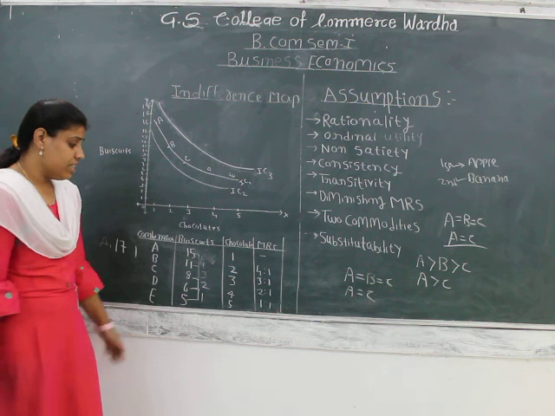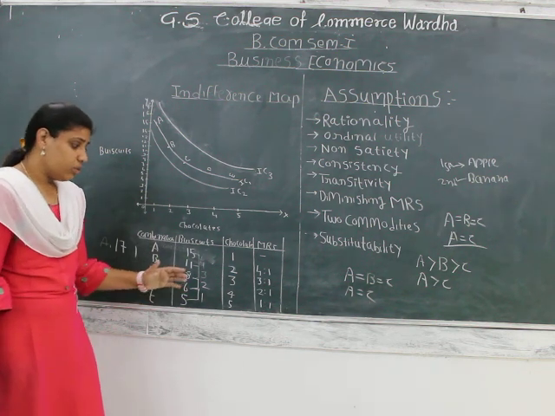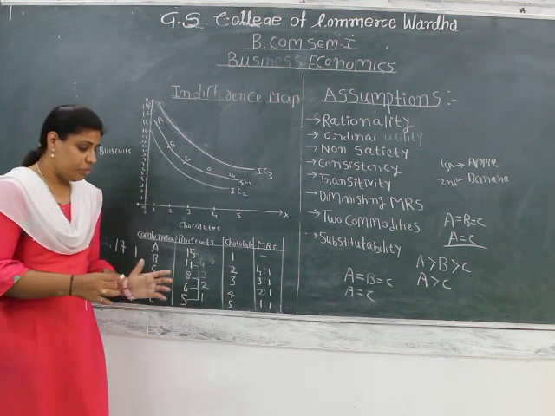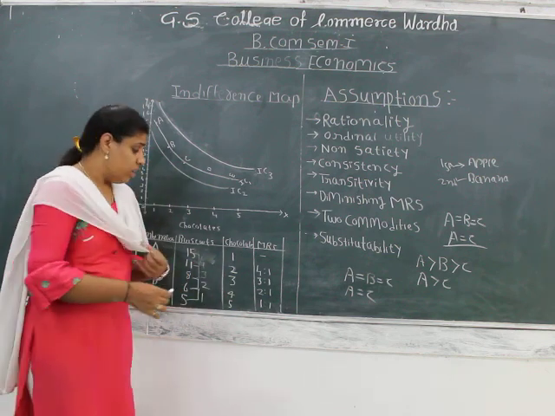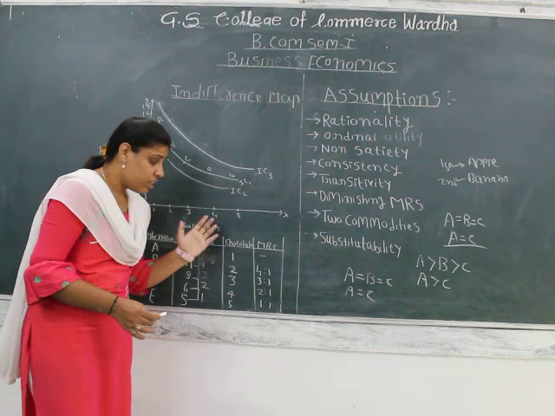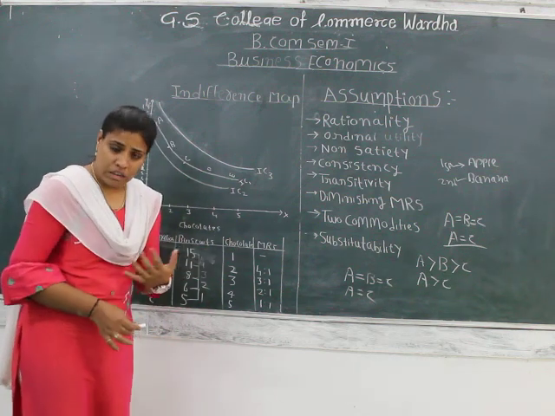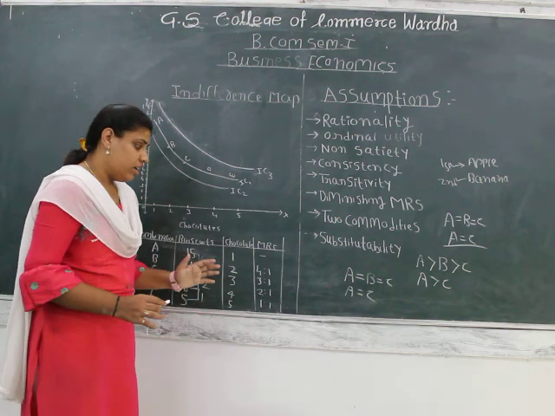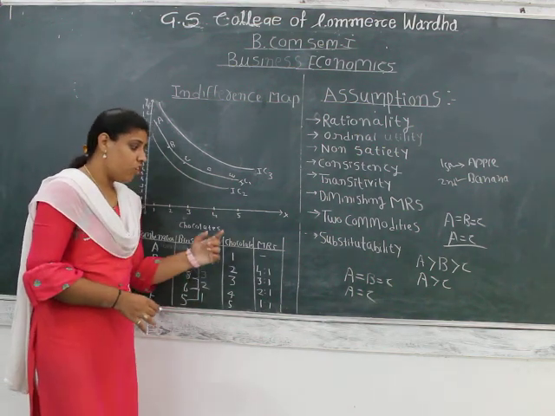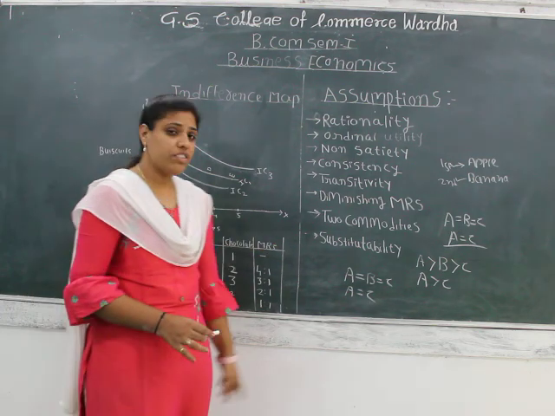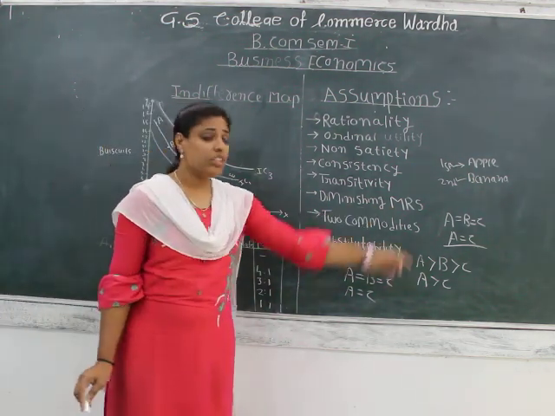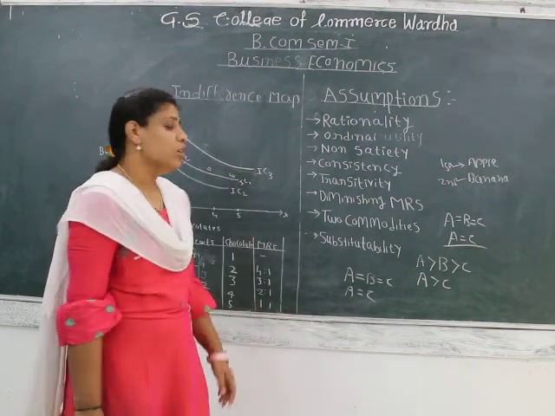So due to this tendency of the consumer that he is sacrificing fewer units of one commodity for acquiring another commodity, when the units of the other commodity are increasing with the consumer, it gives rise to the concept of diminishing marginal rate of substitution.